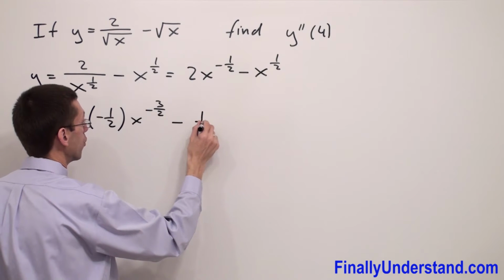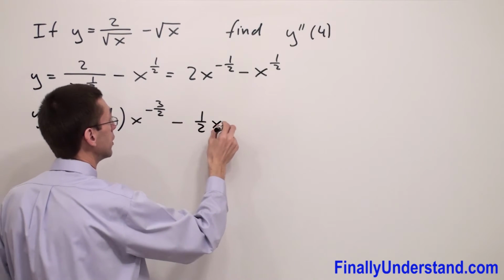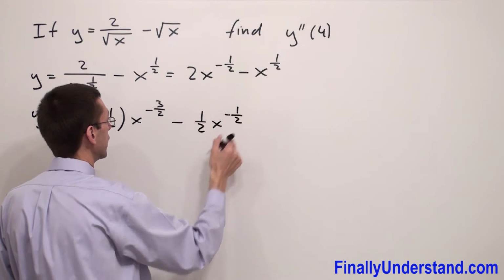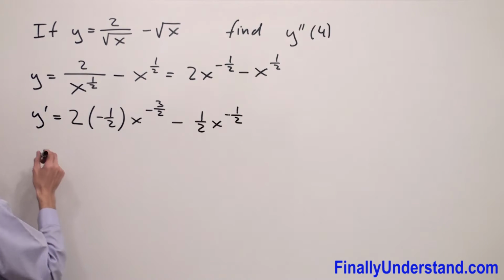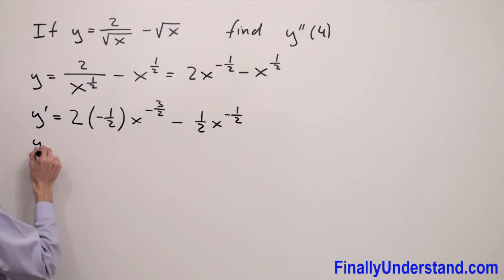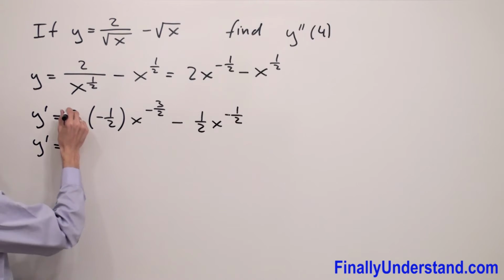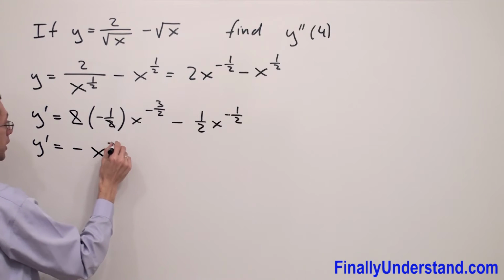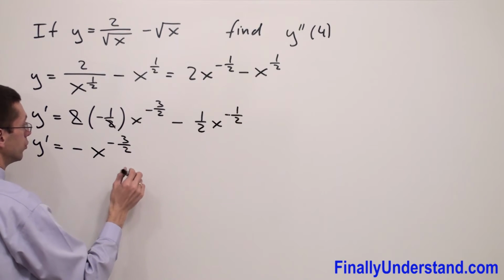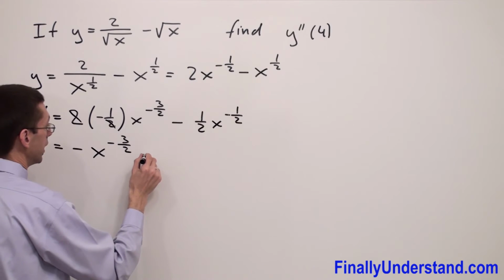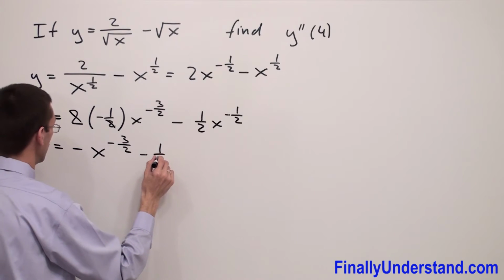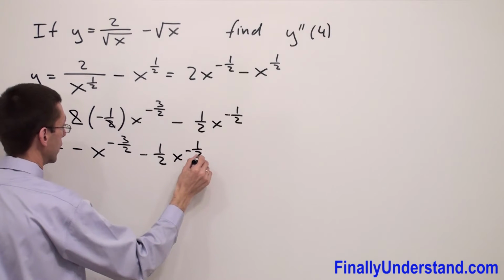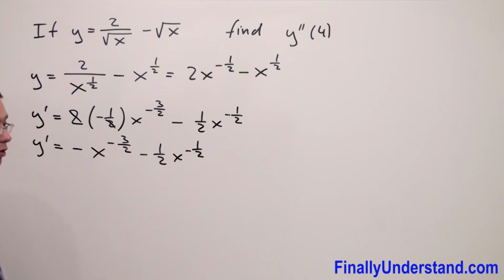So I have 1/2 x to the power 1/2 minus 1, which is negative 1/2. So I have y prime is equal to, 2 and 2 will cancel out, negative x to the negative 3 over 2 minus 1/2 x to the negative 1/2. This is my first derivative.